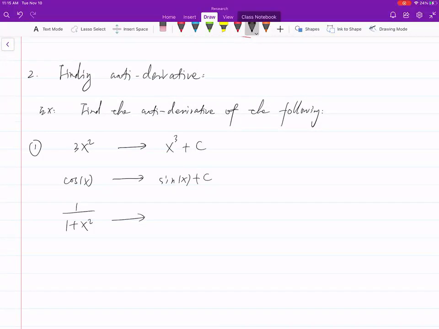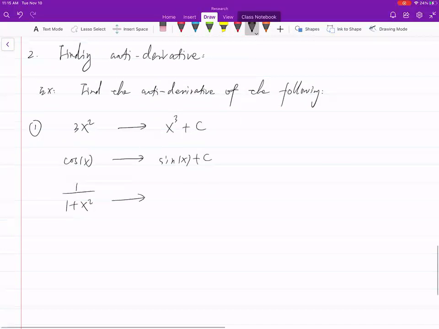Looks familiar? What is it? Tangent inverse. Do you see how to do this? Do you remember you have a formula sheet of how to take derivatives? Now you just take the same formula sheet, but going from the right to the left. That's basically what you're looking for. Of course, when you finish, plus a c, always.